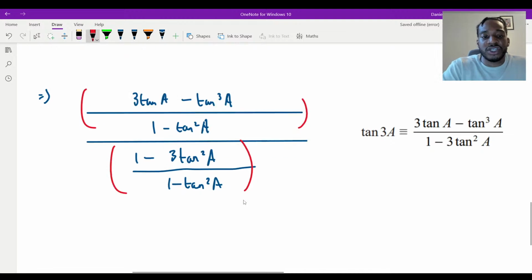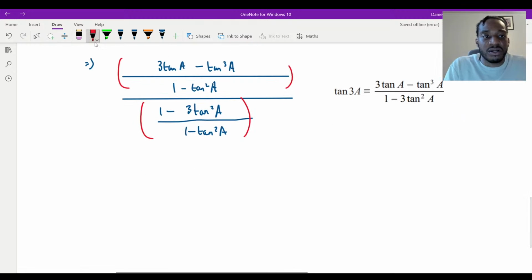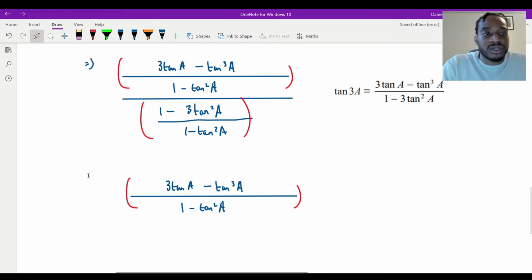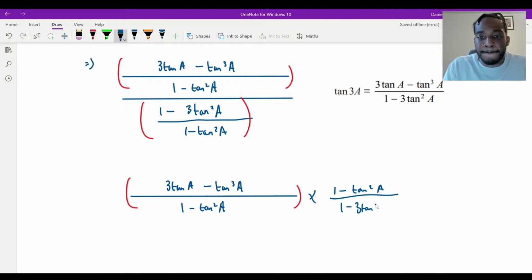When you divide by a fraction, it's the same as multiplying by the reciprocal. Those will cancel out. So what I'm going to do actually, I'm going to copy this because it's a bit long, keep on writing it. So I'm going to copy this, right? That. It's going to be equal to that. And then I'm going to multiply by the reciprocal of the denominator. And that will give me 1 minus tan squared a over 1 minus 3 tan squared a, like that.